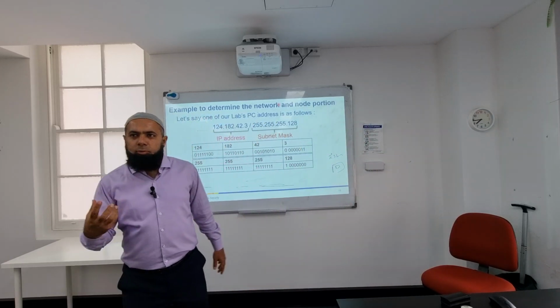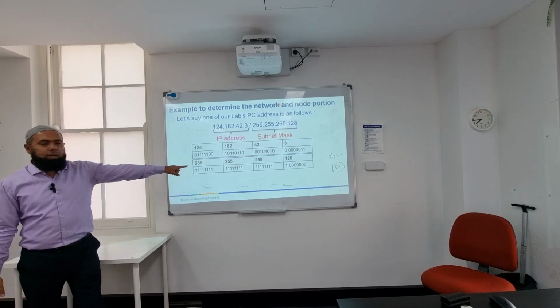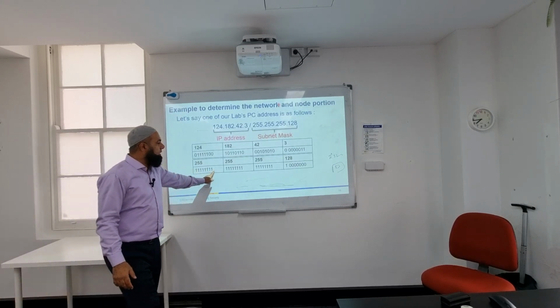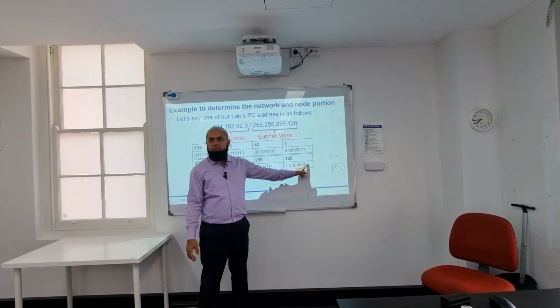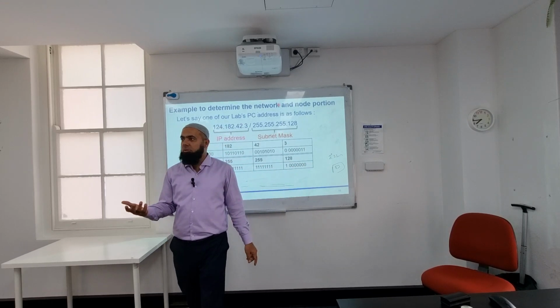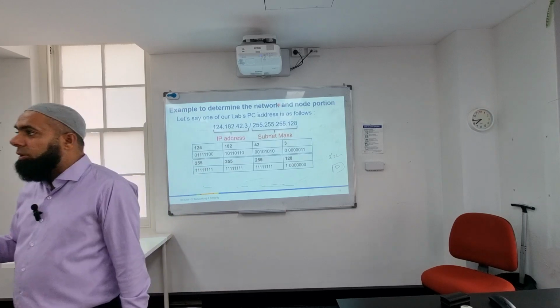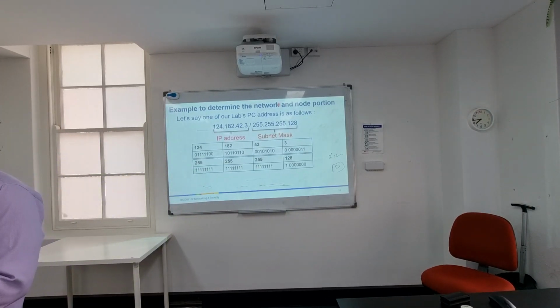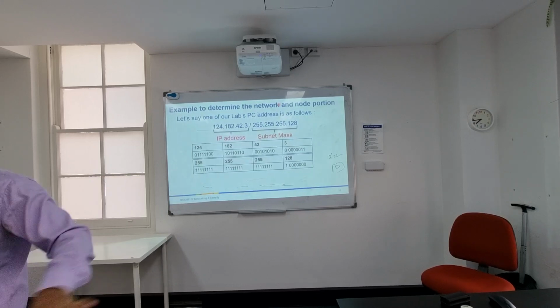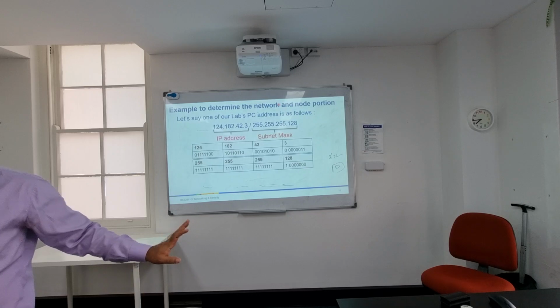Before moving forward, from the subnet mask written in binary form, these all ones are already consumed. How many zeros are there? 7. 2 power 7 is how much? So it means 128 computers can be accommodated in this network, because all the other bits are already used.